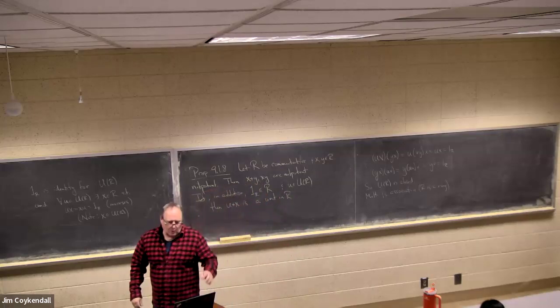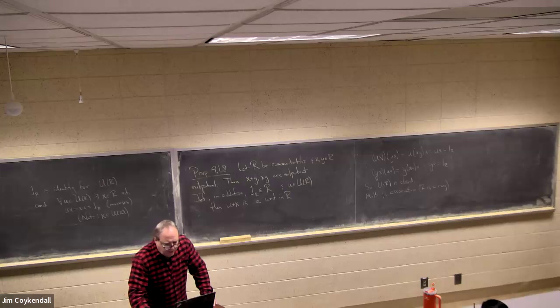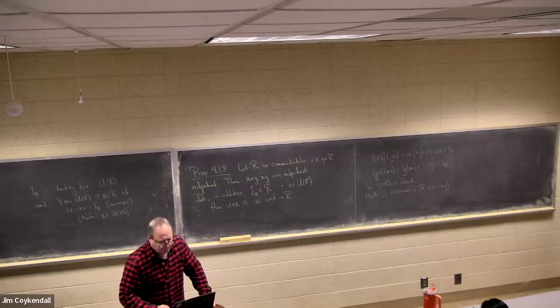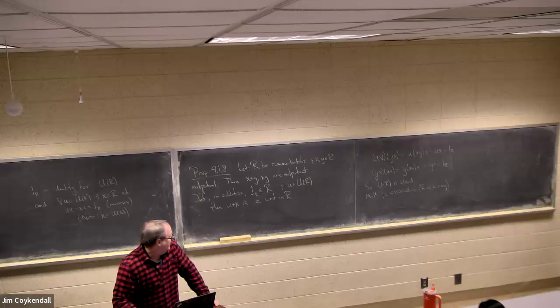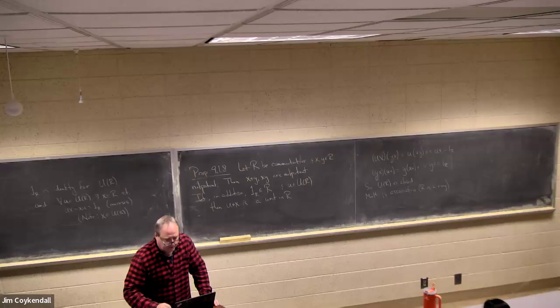So the second statement requires commutativity, but it also requires an identity. If you have a unit plus a nilpotent, then what you get is a unit. If the ring is commutative, you can find in Will's problem set that these statements are wildly untrue if you remove commutativity from the equation.